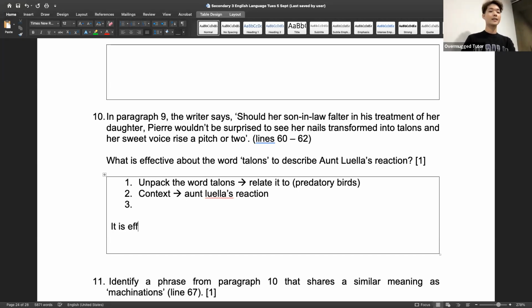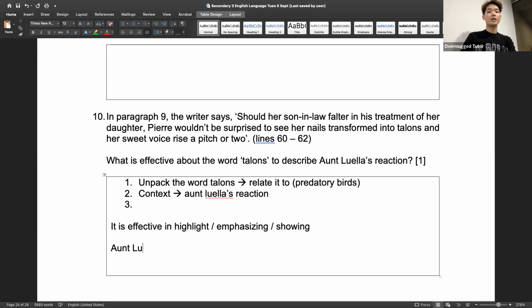Okay. It is effective in, remember we said highlighting or emphasizing or showing something, right? Showing Aunt Luella's aggression or ruthlessness or viciousness, if he was to hurt her.